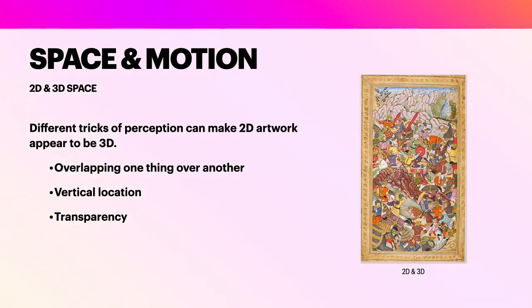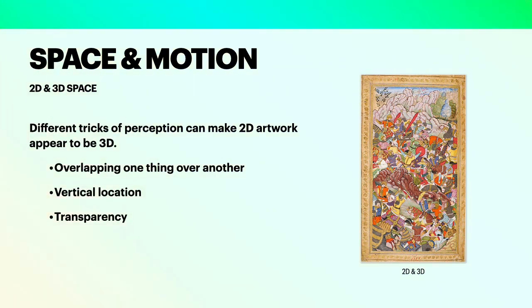Space and motion, 2D and 3D space. So different tricks of perception can make 2D artwork appear to be 3D. So overlapping one thing over another will give us a sense of in front and behind, which immediately conjures up 3 dimensions.